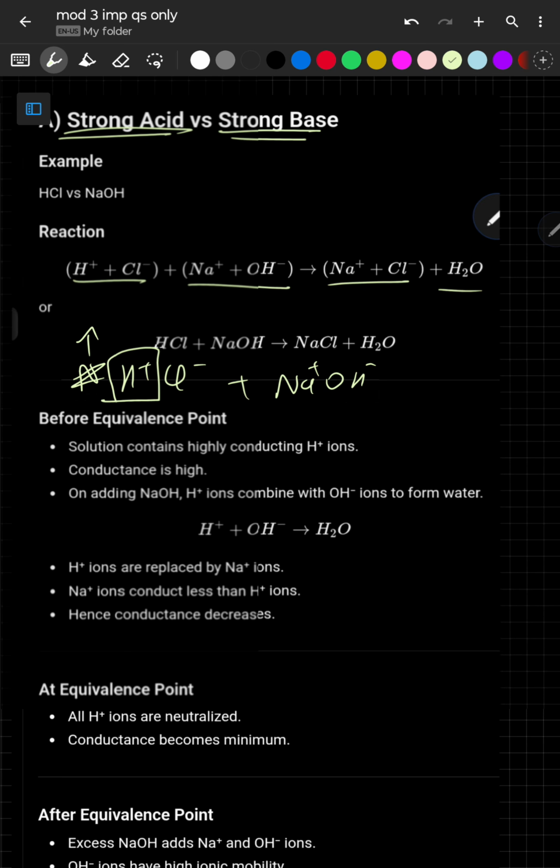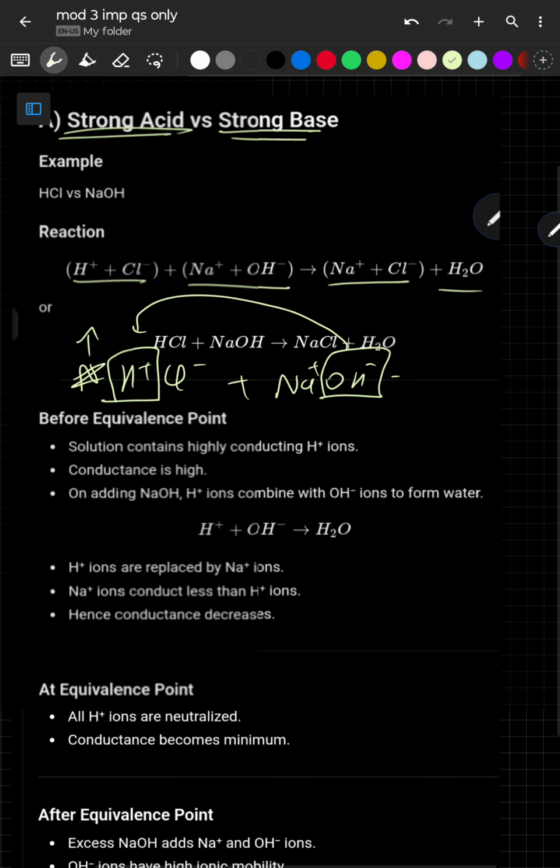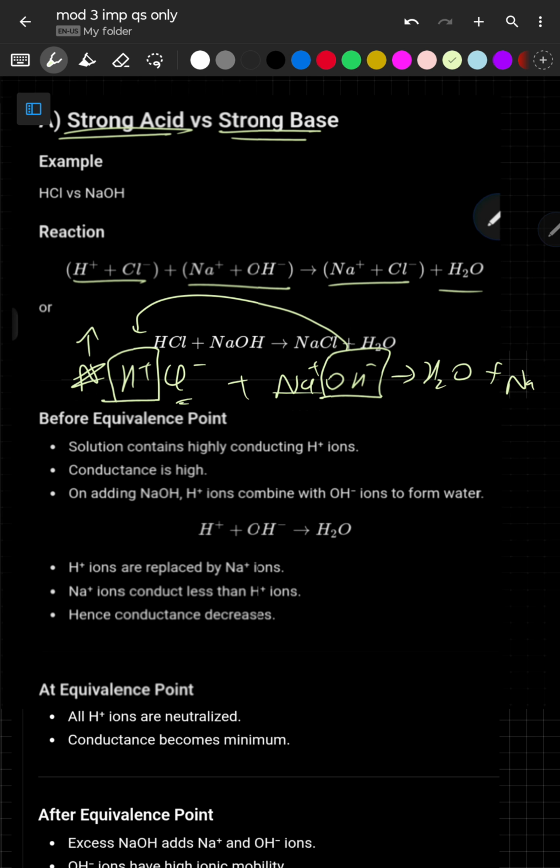When we add Na plus OH minus, this OH minus reacts with H plus and forms water. And Na plus Cl minus is there, right? So basically this Na plus is replacing the H plus. On adding NaOH, H plus ions combine with OH minus to form water, and H plus ions are replaced by Na plus ions.